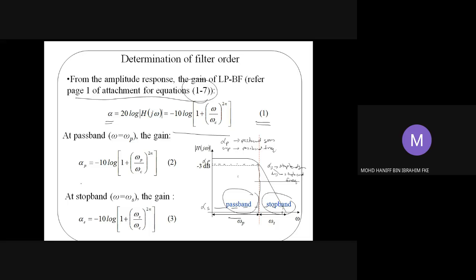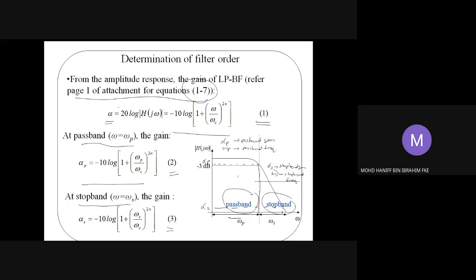That will enable us to find alpha p. And then from equation number 1, we can also substitute alpha to be alpha s and omega to be equal to omega s, which will result in equation number 3. So equation number 2 is related to the pass band region and equation number 3 is related to the stop band region. Both are actually obtained from equation number 1.